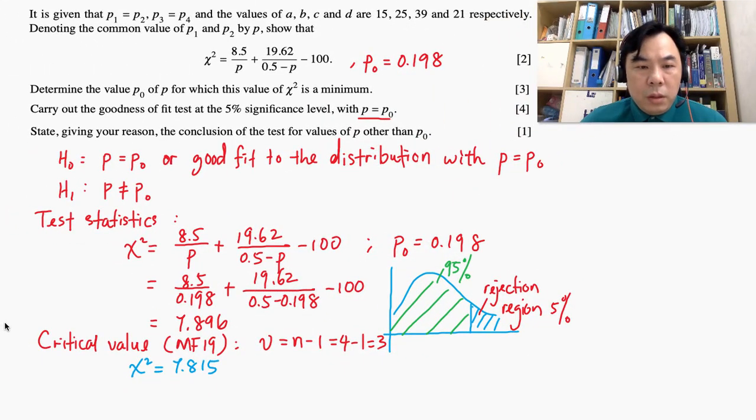All right, so the value is 7.815. Now we're going to compare this critical value. Here I'm going to label it C. We're going to compare this critical chi-square value with our sample chi-square value that we have already calculated here.